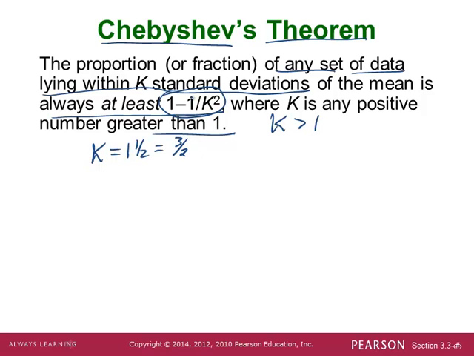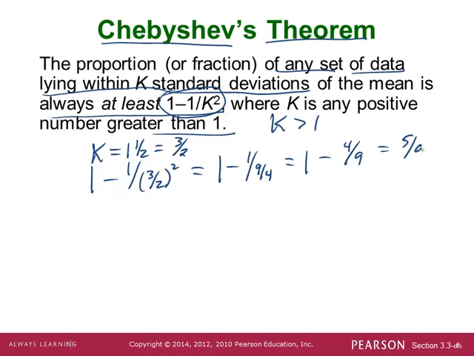Now take 1 minus 1 over 3 halves squared. That's equal to 1 minus 1 over 9 fourths. And that would be equal to 1 minus 4 ninths. And that would be 5 ninths.